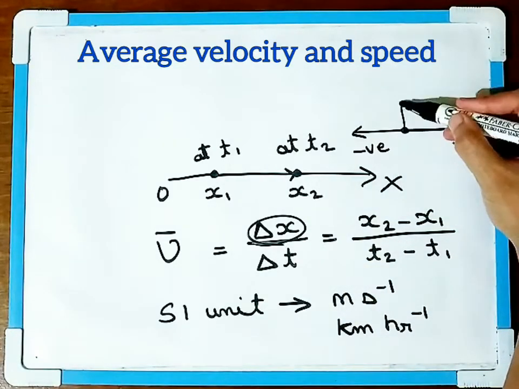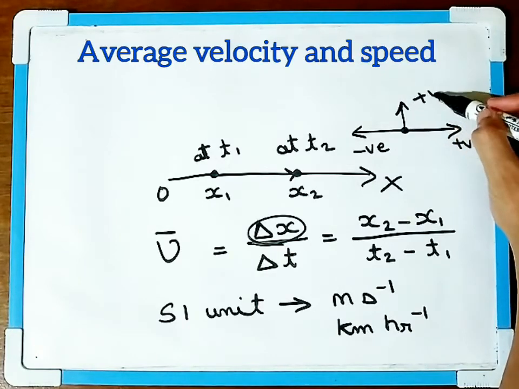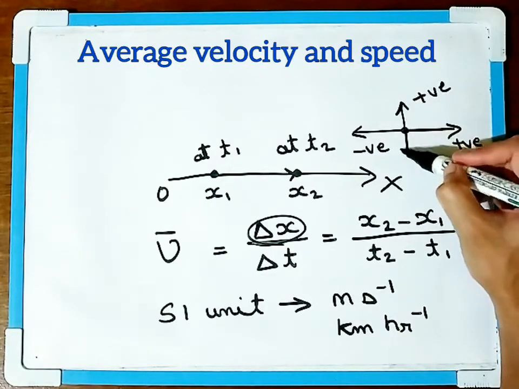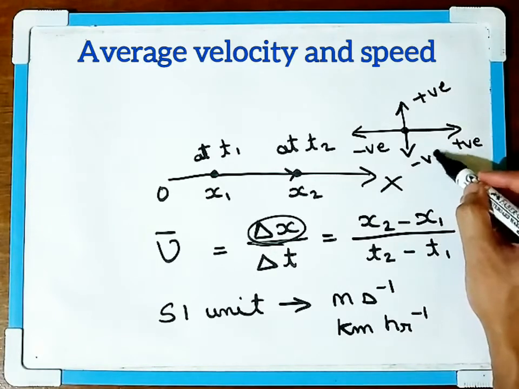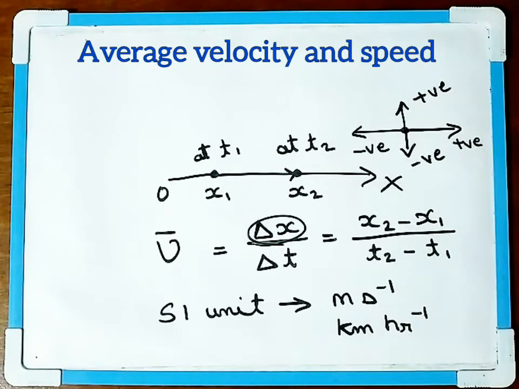And if it moves up, then this is taken as positive, and if it moves down, then this direction is taken as negative. So since we're studying motion in a straight line, we will not concern ourselves with vector notation. Otherwise, these vector quantities will be represented by vector notation. So in this chapter, since we're doing motion in a straight line, the aspect of the vector can be taken care of by the positive and the negative sign.